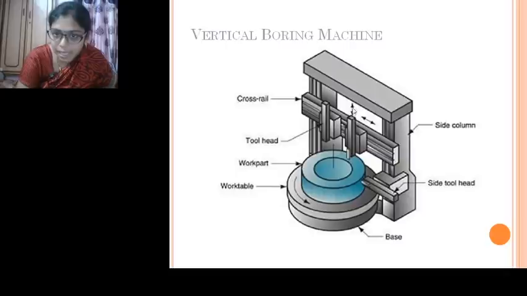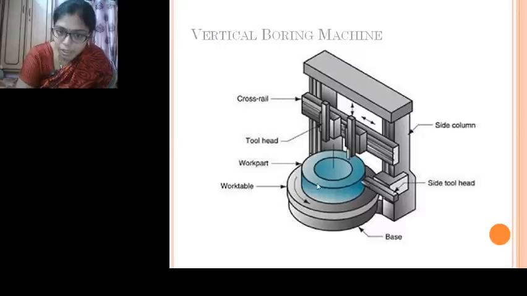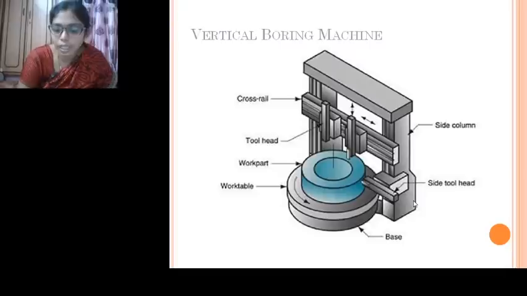It has a z direction motion, and it has x and y direction motion, and the work table can also have a rotary motion. Now these are the different parts. The cross rail on which the tool head will be given x and y motion, and the work part which is placed on the work table which will have the rotary motion. Okay, and we have side tool head for placing the tool, which has a side motion, and a side column, and these are the different parts of a vertical boring machine.